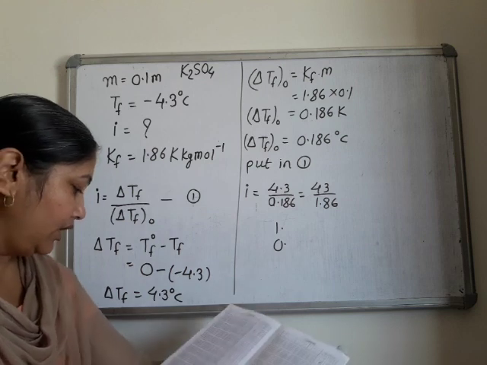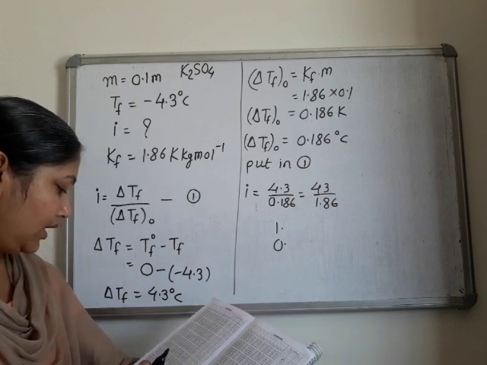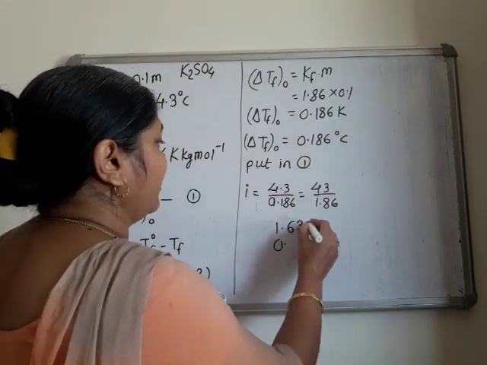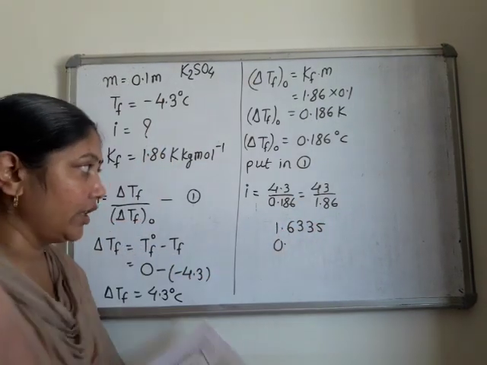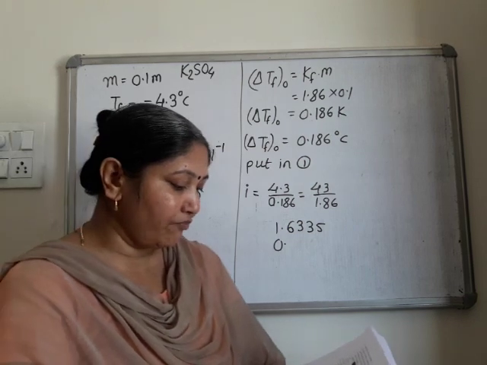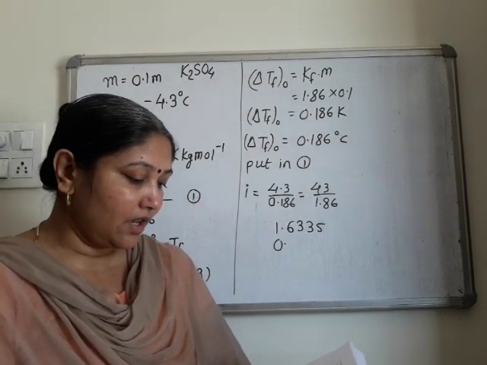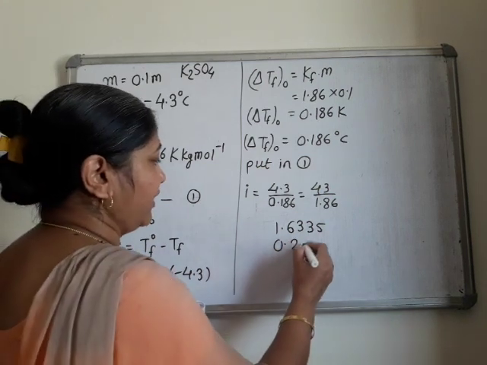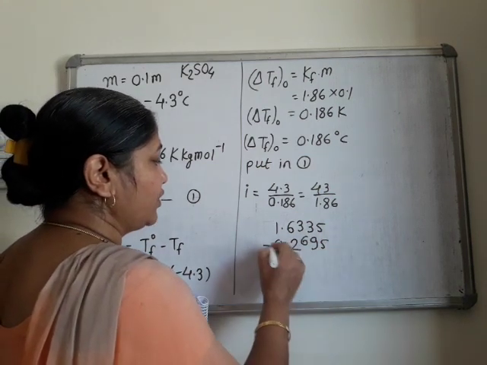What's the log of 43? It is 1.6335. And the log of 1.86 is 0.2695. We have to subtract.